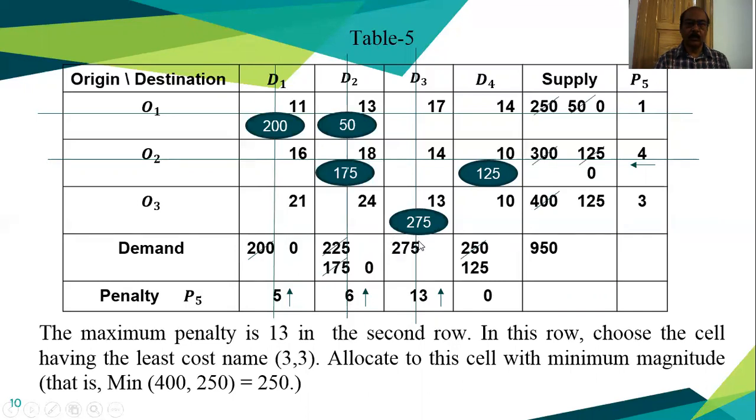We should cross out the 275 and put the 0 here. Now we are left with only the demand 125 and available 125, and only one cell is there, so we have to allocate here in the next table.